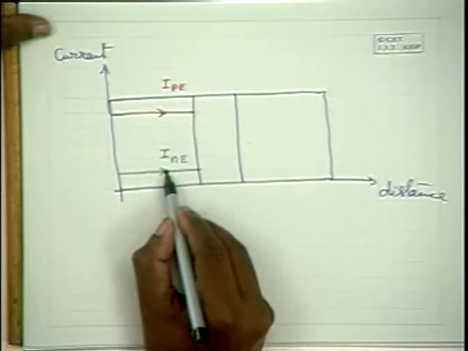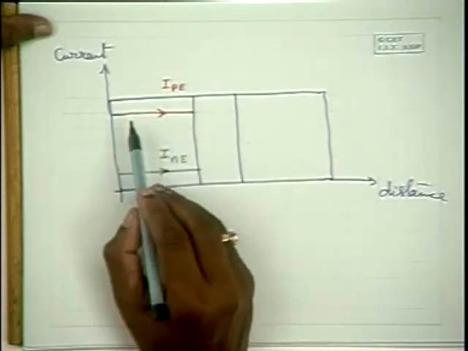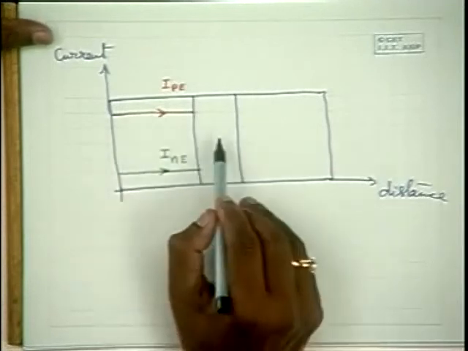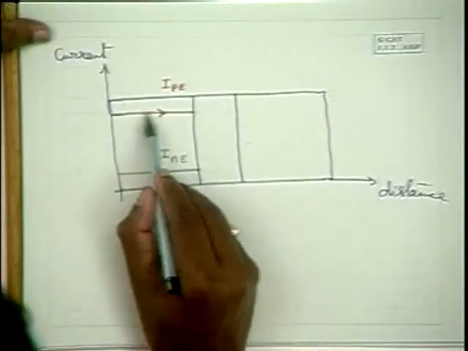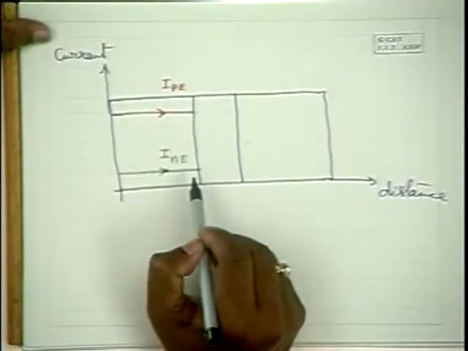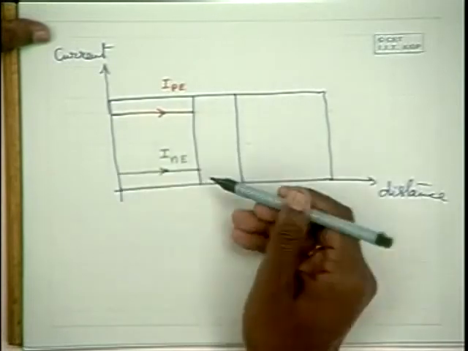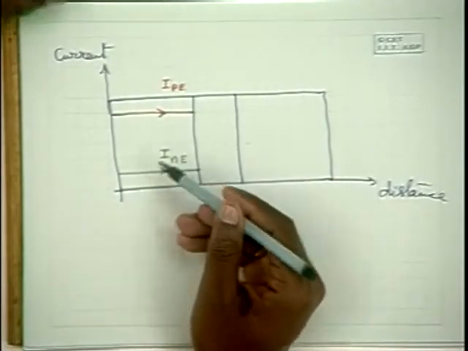Naturally this current is much lower than this current, because the doping concentration on the emitter side is much higher than that on the base side. Because of this reason, this current is much larger than this current. This current is because of electrons getting diffused from the base region into the emitter region.